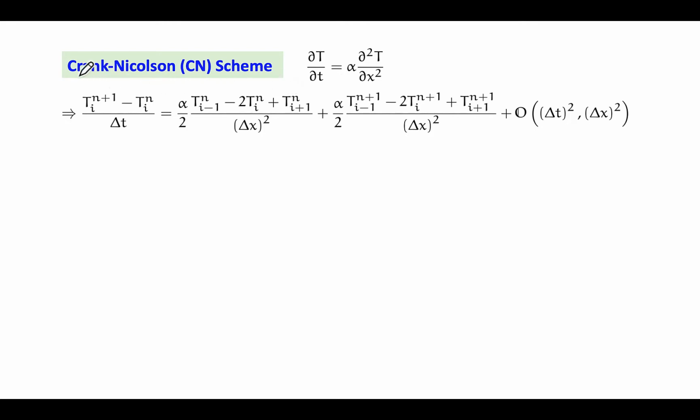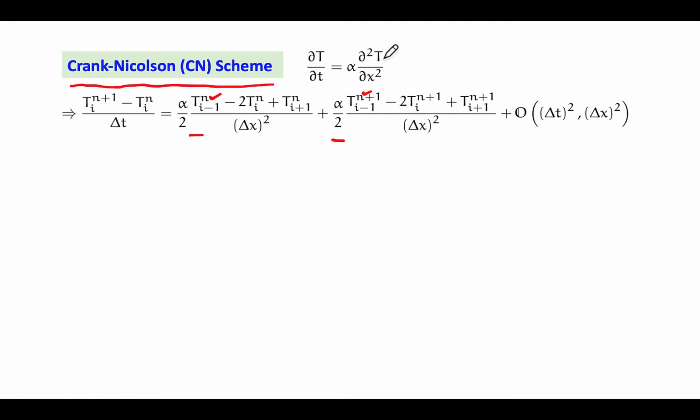Now we move forward and we look at this Crank-Nicolson scheme. Crank-Nicolson scheme is essentially half of implicit. So what we do on right side, in implicit I take discretization at n plus 1 time level, and in explicit I take n time level. In Crank-Nicolson scheme I take half of explicit plus half of implicit.